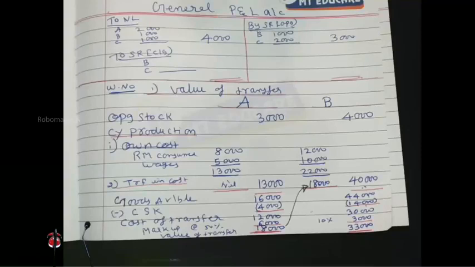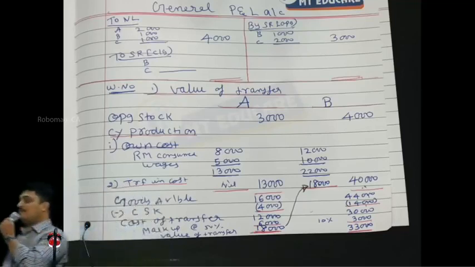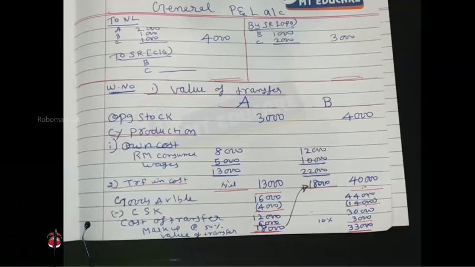Which means every 1 rupee of stock of the department will have 55% own cost and 45% transfer in cost. So we need only the transfer made from A included in the stock of department B. So in 14,000 we should apply 45%. That's 6,300 into 1 by 3, 2,100 is the stock reserve.